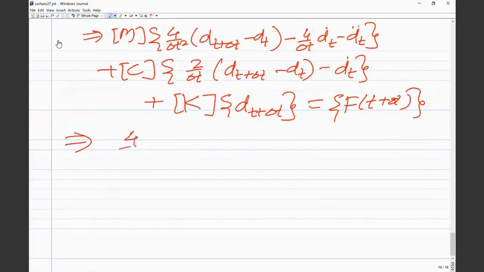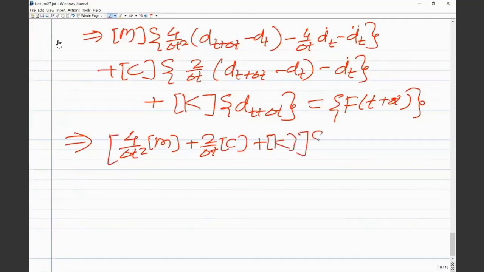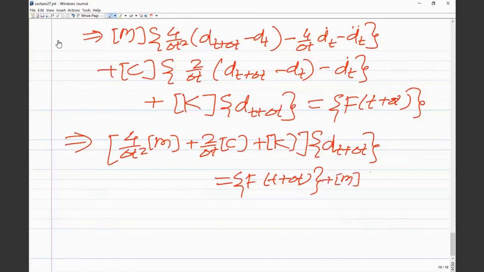We can rewrite this equation as 4 upon delta t square into M plus 2 upon delta t into C plus K. Now the K term is on the left hand side, into d at t plus delta t. So this is what is there on the left hand side, equal to f at t plus delta t, plus the other terms coming from the inertia term.